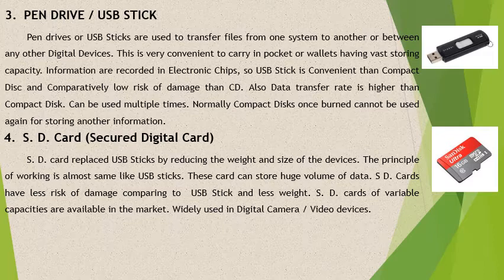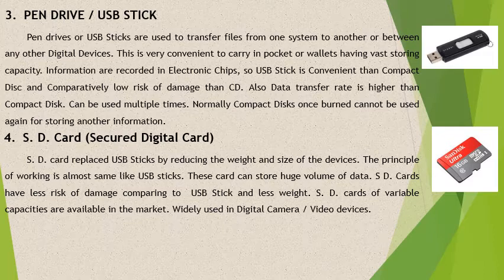So a USB stick is more convenient than a compact disk and has comparatively lower risk of damage than a CD. Also, the data transfer rate is higher than a compact disk. It can be used multiple times. Normally, compact disks are burned and cannot be used again for storing other information.